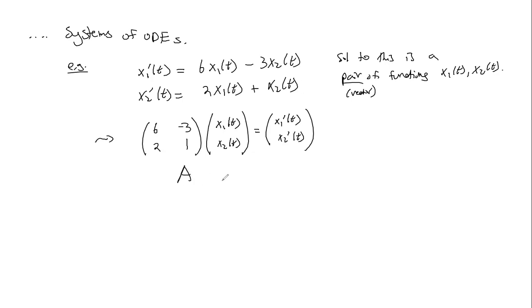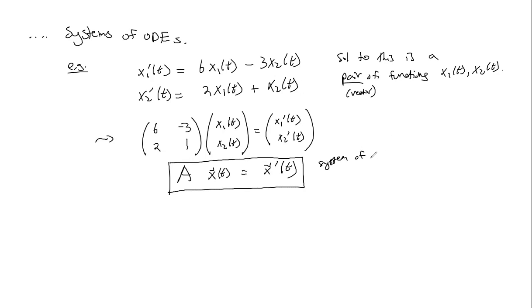But right, we can wrap this up as A x of t equals x prime of t. This is a linear system of ordinary differential equations, and it's actually homogeneous, because there's no extra term.